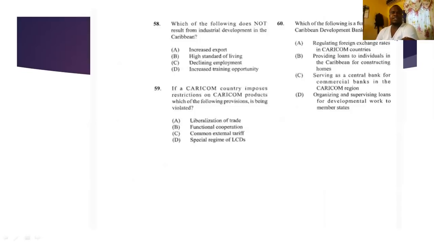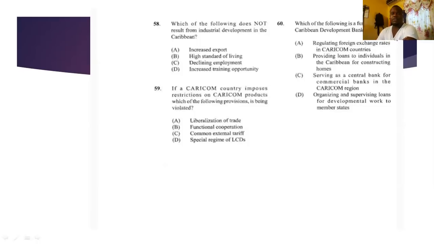Great. 58. Which of the following does not result from industrial development in the Caribbean? What will not result from the development of industries? Is it A, increased export, B, high standards of living, C, decline in employment, or D, increased training opportunity? Three will result and one will not.